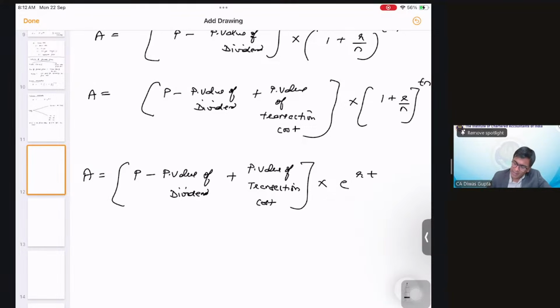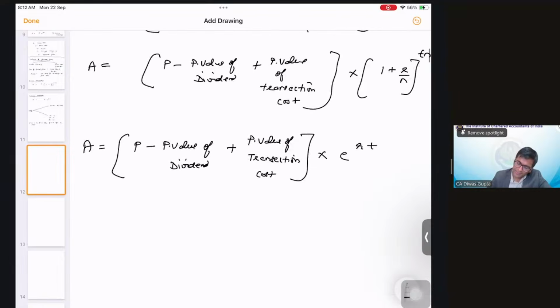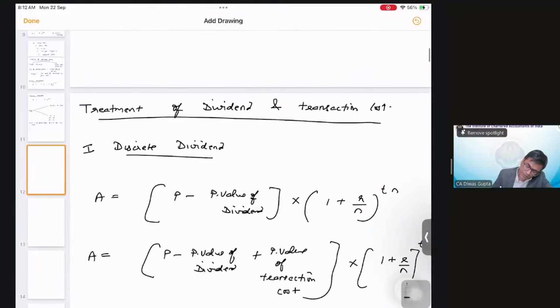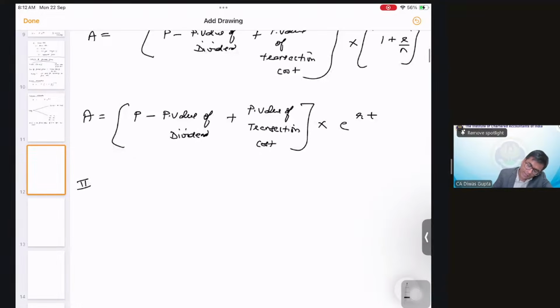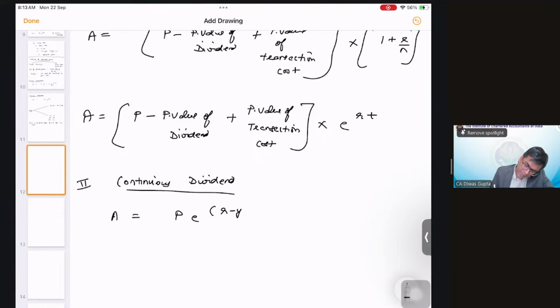Now the second part, let's take as the continuous dividend. The first part was discrete dividend. Let's take the continuous dividend. Okay, so the continuous dividend will be A is equal to P e raised to the power r minus y into t.